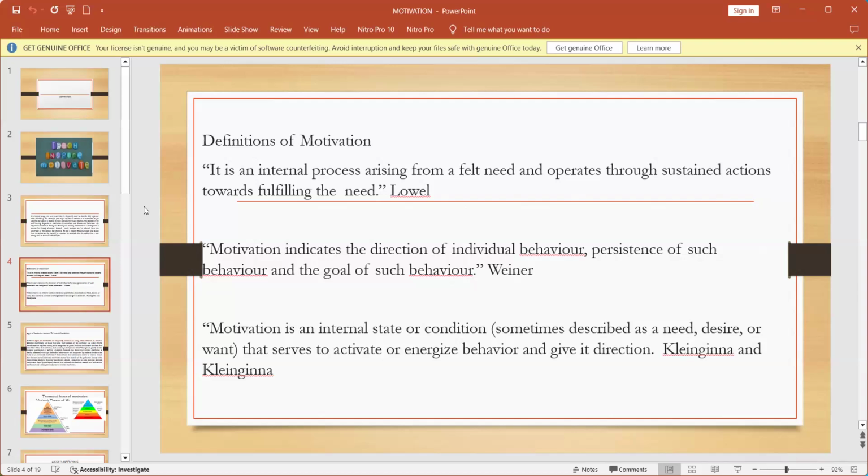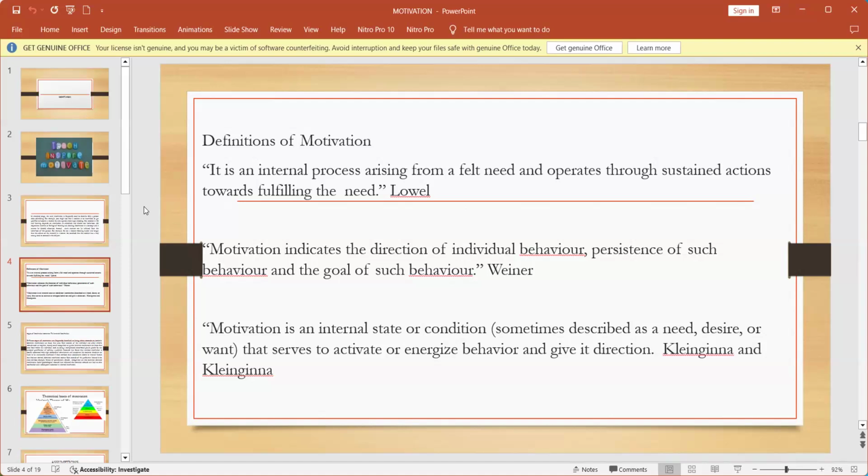Definitions of motivation. It is an internal process arising from a felt need, operating through sustained actions towards fulfilling the need. Yeah, read the rest also. Motivation indicates the direction of individual behavior, persistence of such behavior, and the goal of such behavior.